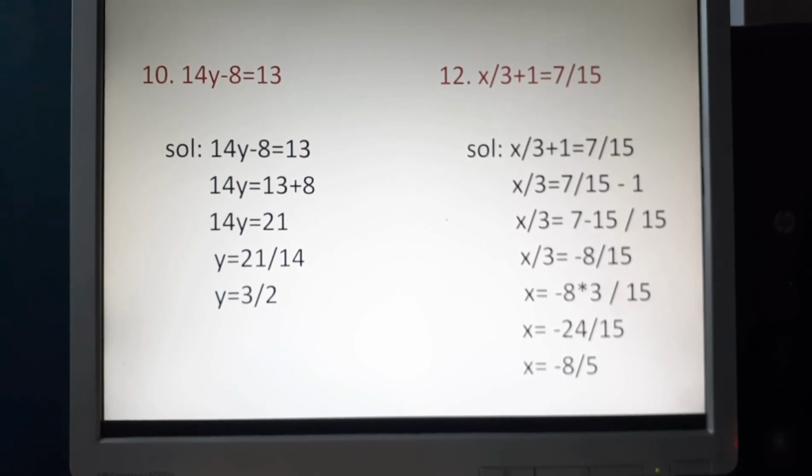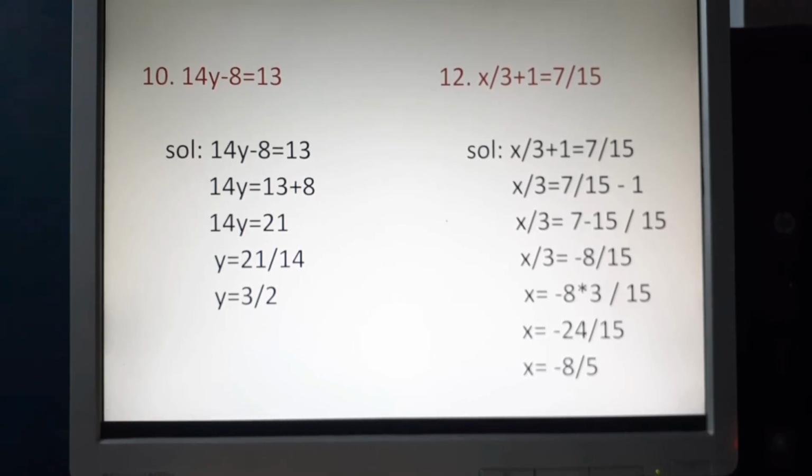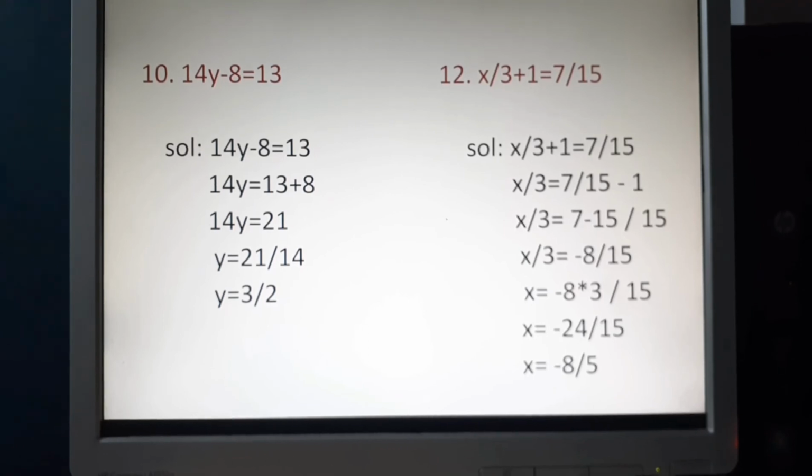Here also, if you want to check the solution, substitute y is equal to 3 by 2 in left hand side of the equation 14y minus 8. We get 13. So left hand side is equal to right hand side. So here also y is equal to 3 by 2 is the correct solution.